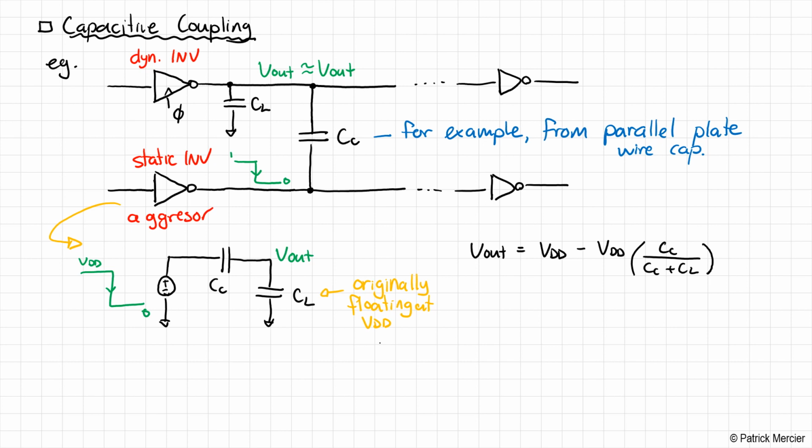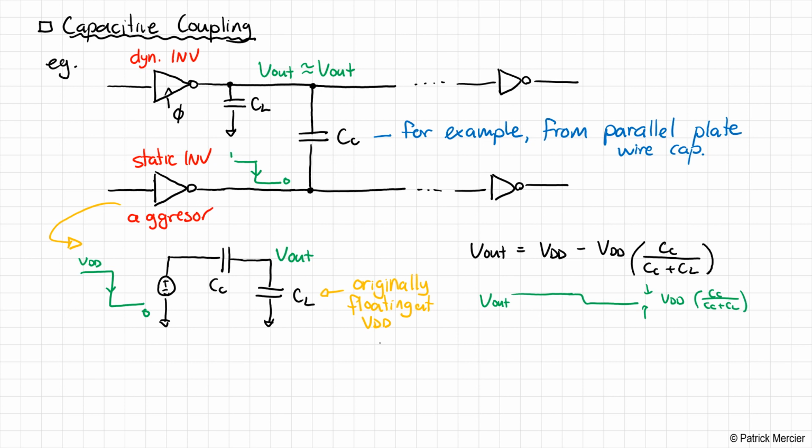Okay, so again, what might happen here is you might get a situation where V out is just hanging out, and then when this edge happens, it's going to come down a little bit. It's going to come down by an amount equal to VDD times CC over CC plus CL.